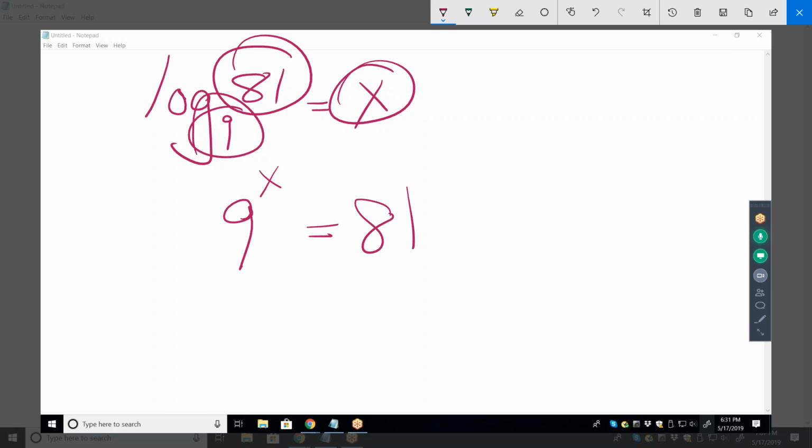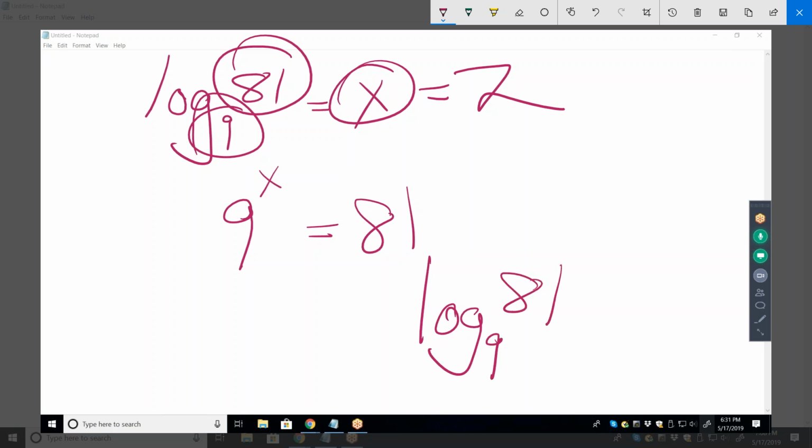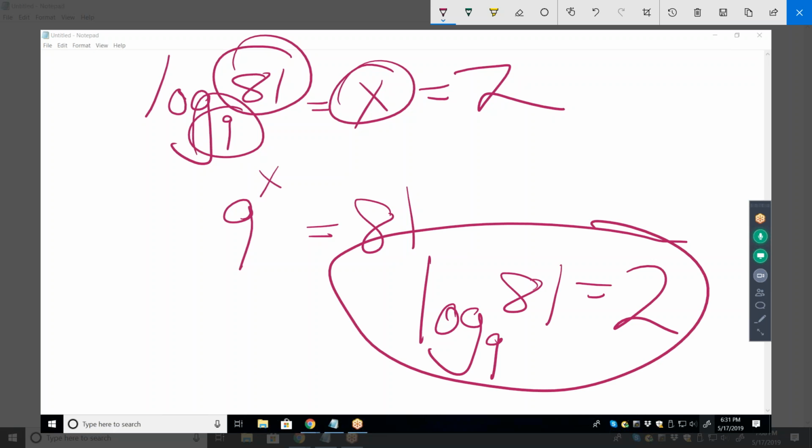What's x? Okay, x is equal to 2. So now I can say that the log base 9 of 81 equals 2. That's a true statement. Why? Because 9 squared equals 81.